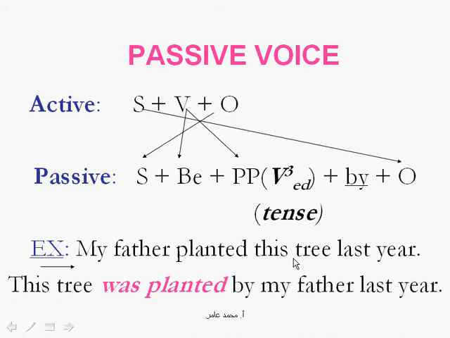Here, as you can see, this tree is the object, it becomes the subject, and then we used was because the sentence was in the past, and then we use the past participle of the verb planted, and then the subject changed into the object and preceded by the word by.